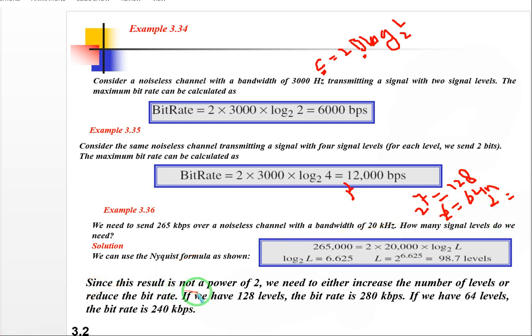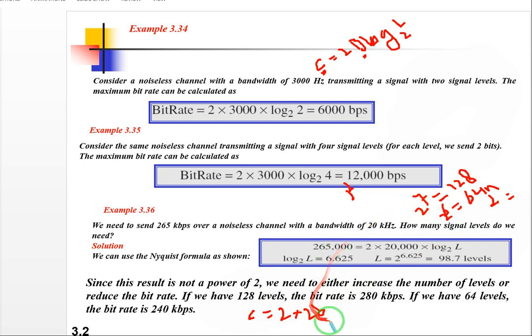Since the result is not a power of 2, we need to either increase the number of levels or reduce the bit rate. If we have 128 levels, the bit rate is 280 kilobits per second. What does it mean? Your bit rate is equal to 2, then the bandwidth 20, and then log2 L. How many levels do you have? 128, which is 2 raised to power 7.